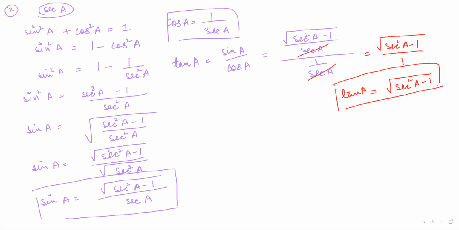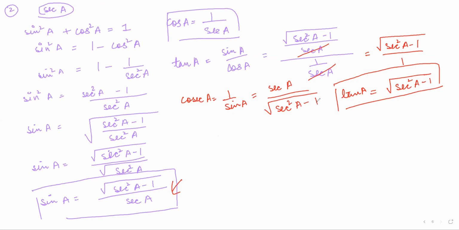Okay. Now only these three you need to find. The other three you can find by just taking the inverse. Cosec A is nothing but 1 upon sine A, which you already know, so take its reciprocal. This becomes sec A divided by the square root of sec square A minus 1, correct?